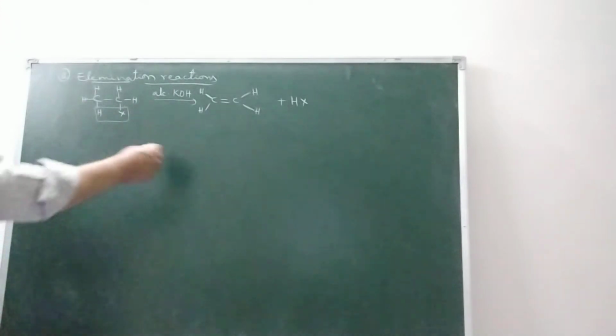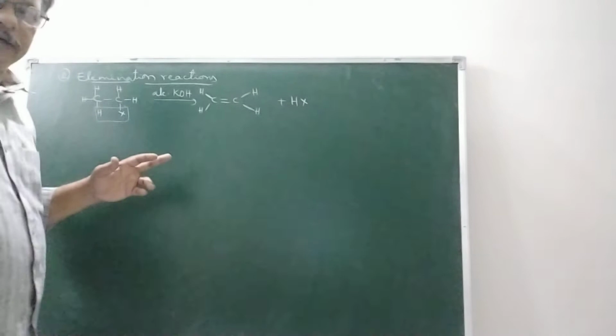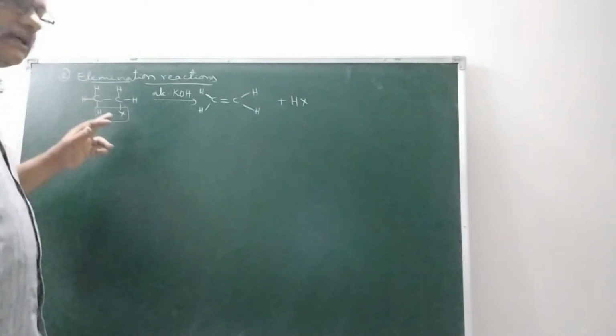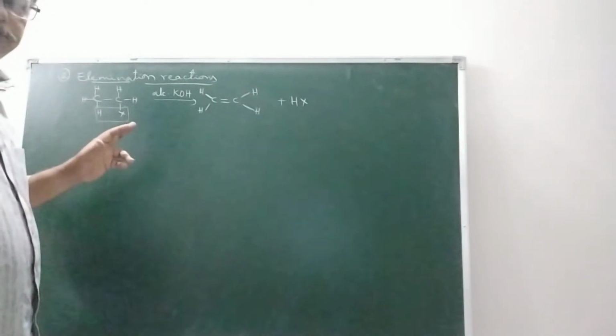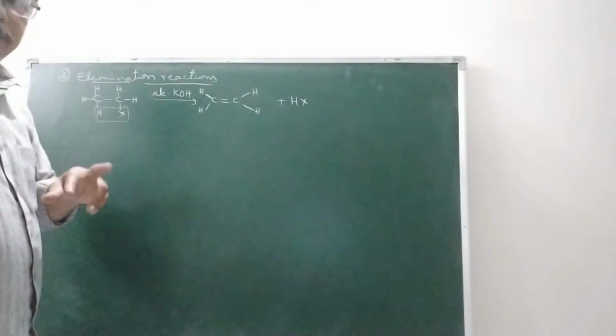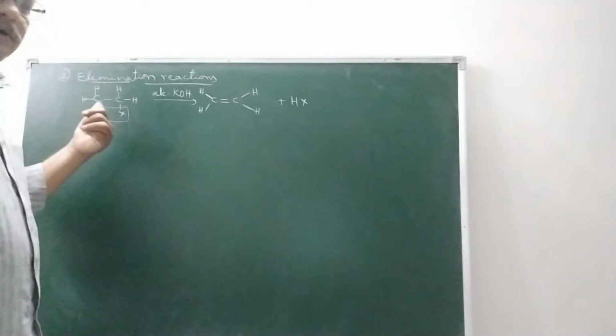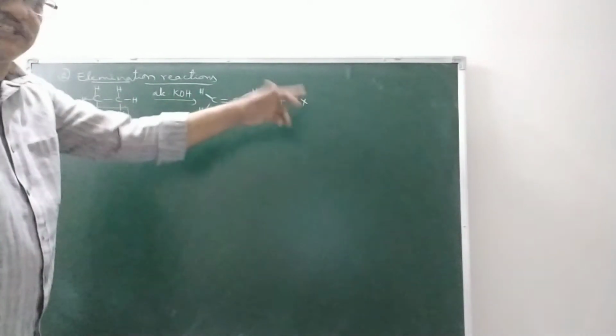Similarly, if there are two possibilities for the breakage of the C-H bond, that means if there are two adjacent carbons at beta positions, then which hydrogen is removed as HX?